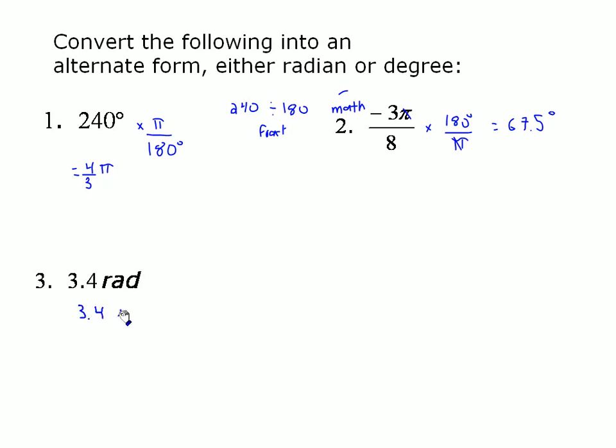We take that 3.4 rads and we multiply by 180 degrees over pi. And you actually multiply and divide it in. So 3.4 times 180 divided by pi on your calculator, of course, so you're decimalizing it. 3.4 times 180 divided by pi, and I'm getting 194.8 degrees.